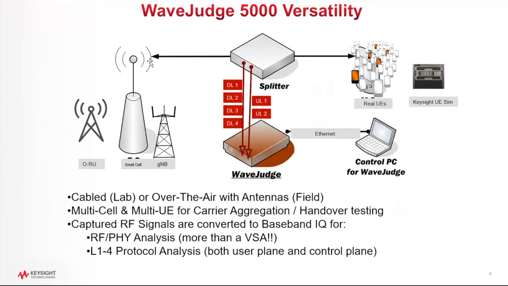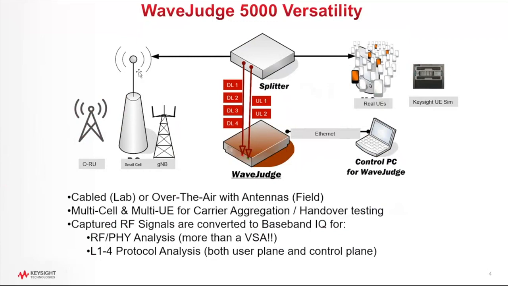On the downlink signal, you will have one input and two outputs on the splitter: one output going to the UE and another output going towards the WaveJudge. It's important to see here that the RF signal does not actually pass through the WaveJudge. The WaveJudge is a passive monitoring device.